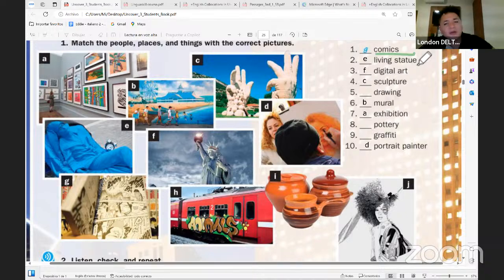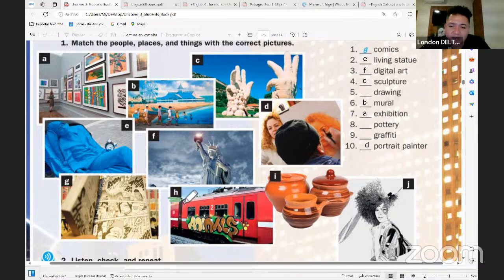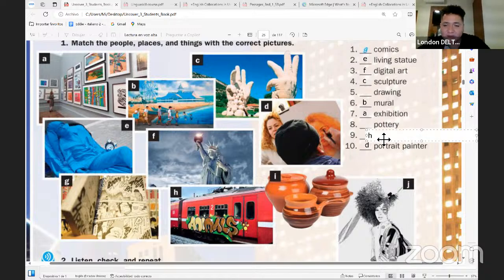Do you like comics? Yes. Okay. And can you help us also with letter H? Es Night Graffiti. Excellent. Graffiti. Okay. Please Money. And letter I.